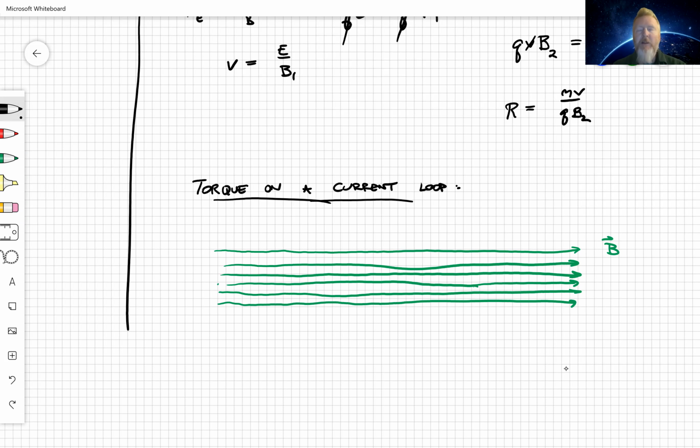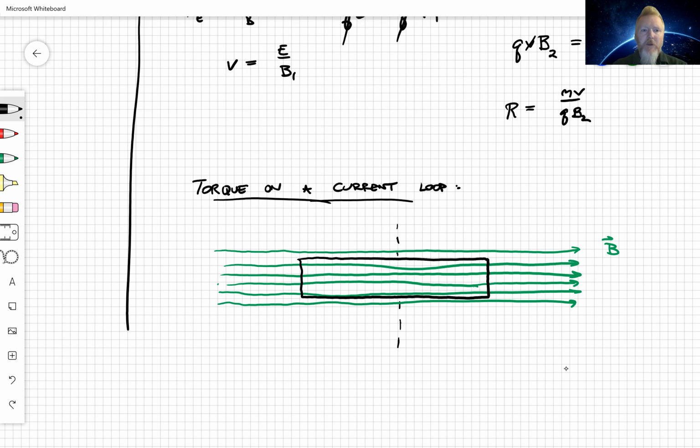I'll idealize my current loop for the sake of the calculation of the torque. So let's make a rectangular current loop like that. And let's see, the halfway point looks to be somewhere about here.